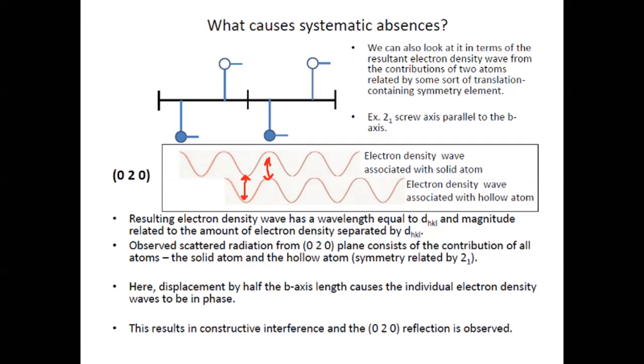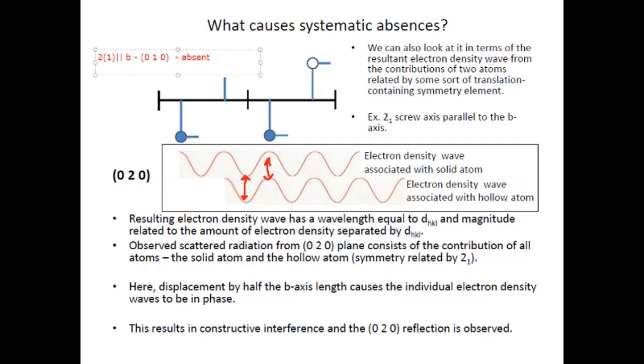So we notice that the 2-1 parallel to B 0, 1, 0 was absent, but the 2-1 parallel to B 0, 2, 0 is present.